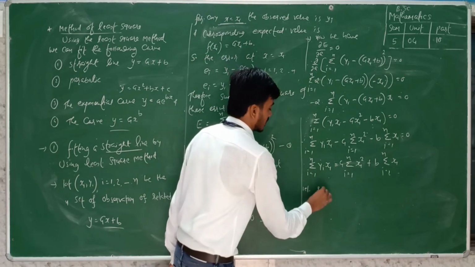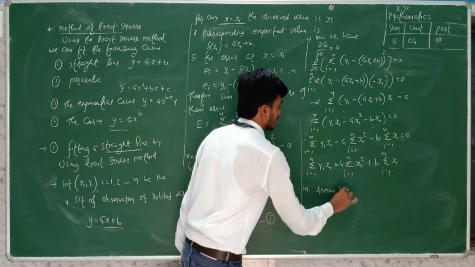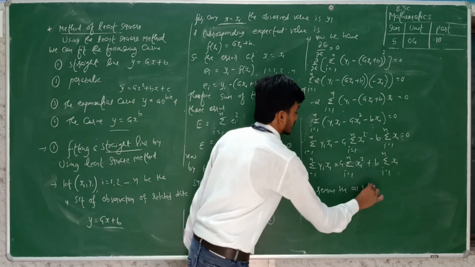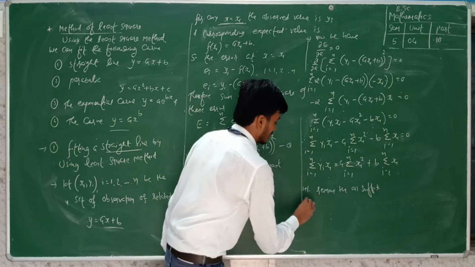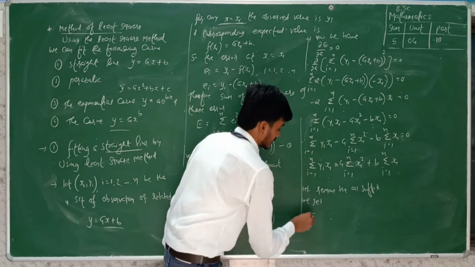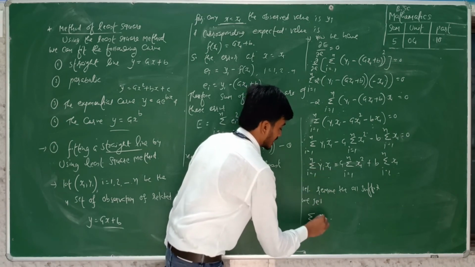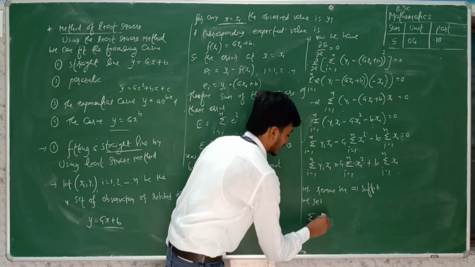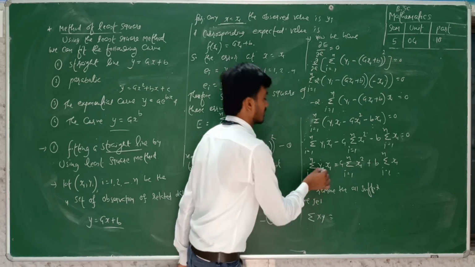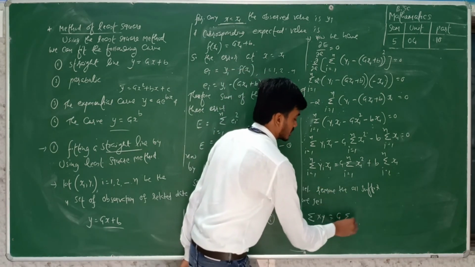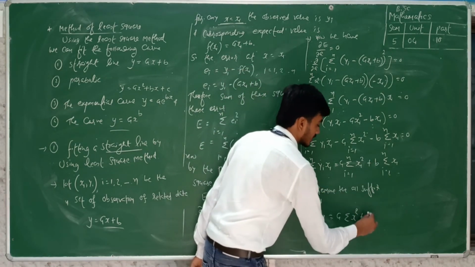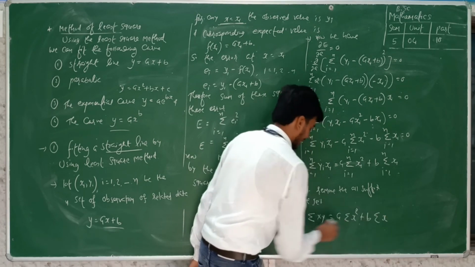Let us remove all the suffixes. We get sigma xy is equal to a into sigma x square plus b into sigma x.